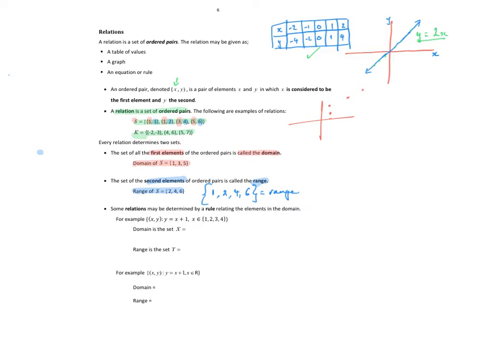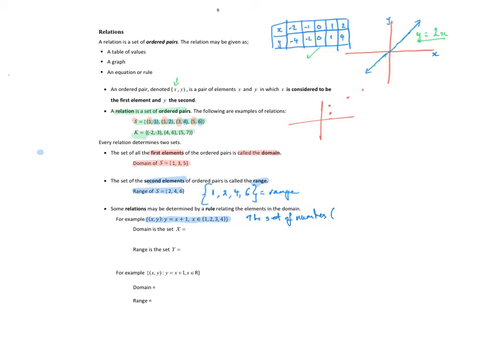All right. Now we spoke already about how some relations can be determined by a rule. So for example, what does this formal notation say to us here? If I wanted to write that out in English, curly brackets, the set of numbers. Now what sort of numbers are they?